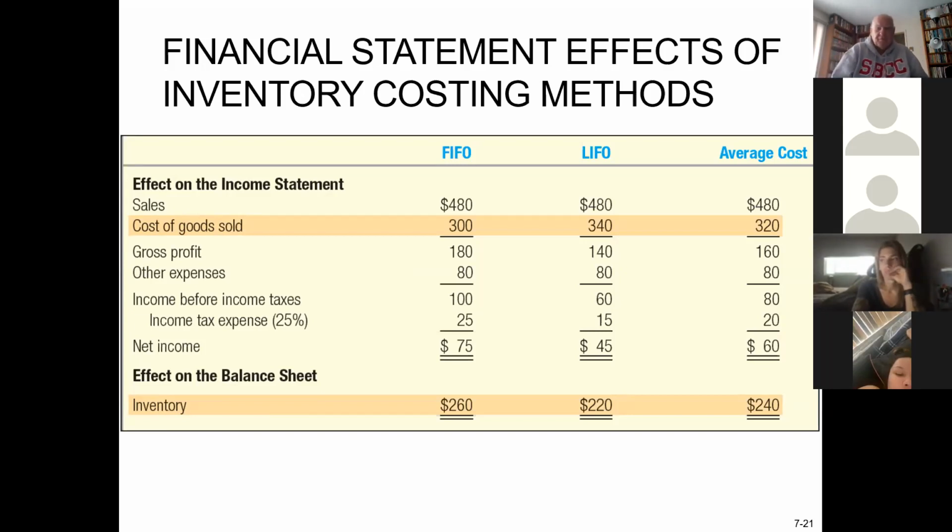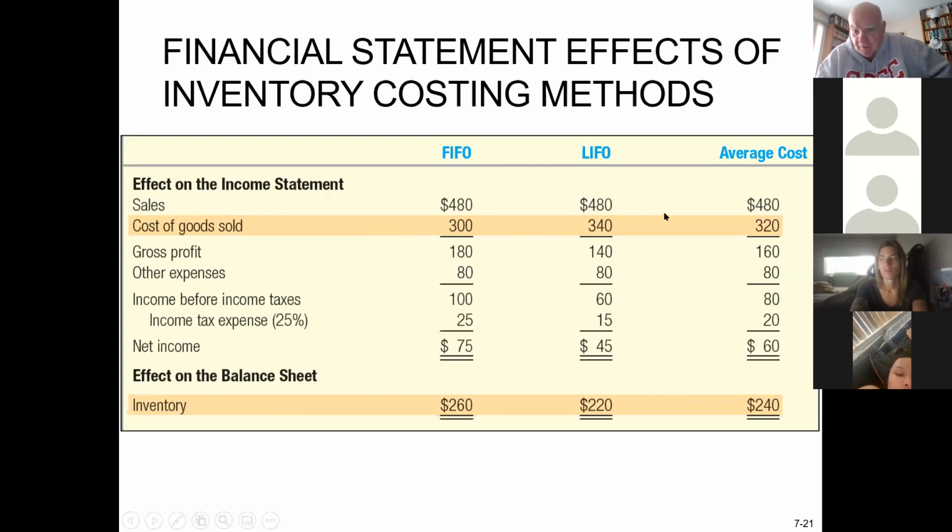Here we're looking at 3 scenarios: FIFO, LIFO, average cost. Your sales were 480. The sales are going to be the same no matter what, huh? Your cost of goods available will be the same. It's the cost of goods sold that is different.